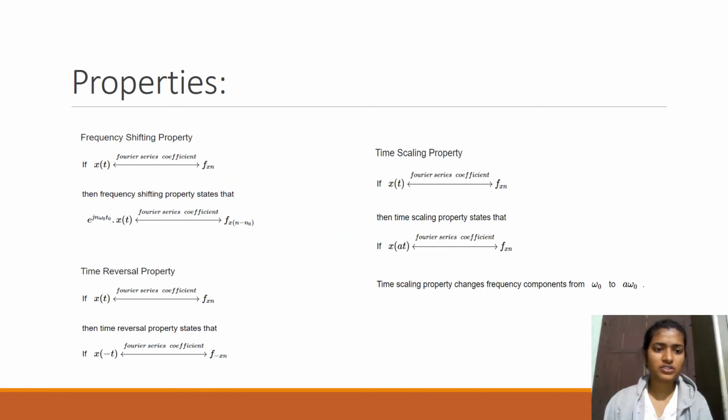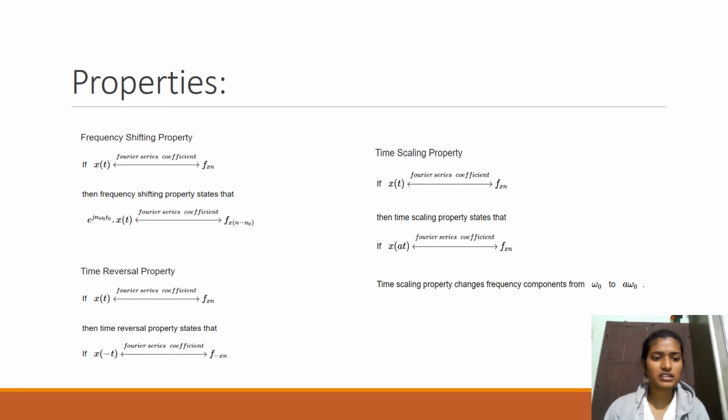Let's discuss another property, the frequency shifting property. In this, we simply shift in the frequency. After the shift in frequency, the coefficient differs only in n, which becomes n minus n naught.